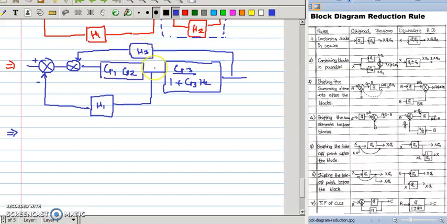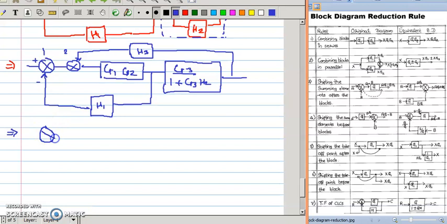So there is one rule, exchange of mixer. That rule is not shown here. We can shift or exchange both the mixers without any changes. So suppose this is the first one and this is the second one, right?